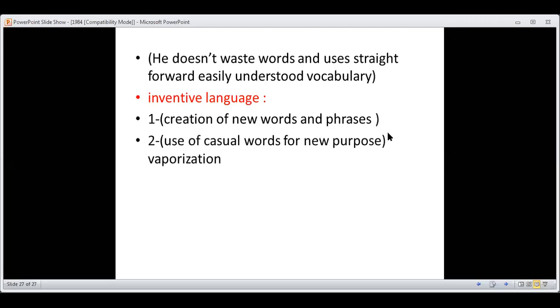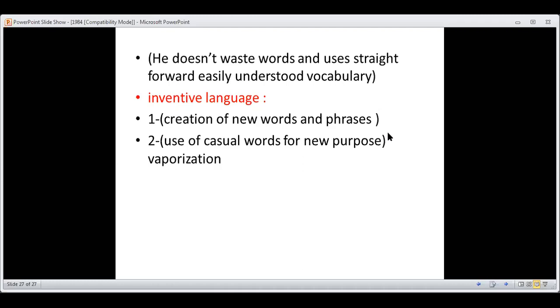Like the word doublethink, the creation of new words. There are lots of words which are created by the writer. Or maybe he uses casual everyday language but to mean something else, like the word vaporization.